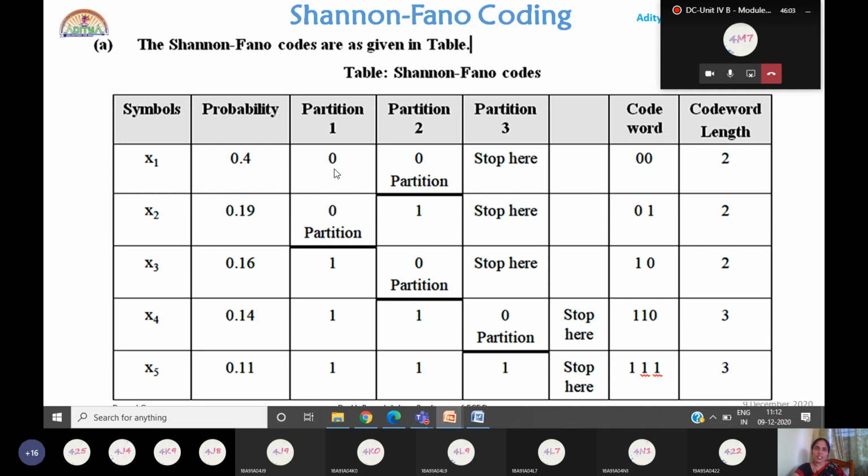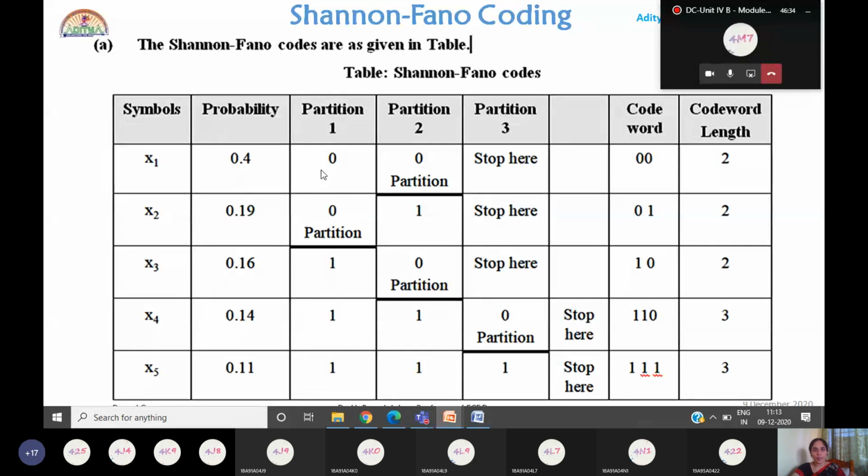So what it means is that these are not prefix free codes, because the prefixes of the x1 and x2 code words are the same. Or else sometimes the x2 code word will also start with 0, 0.